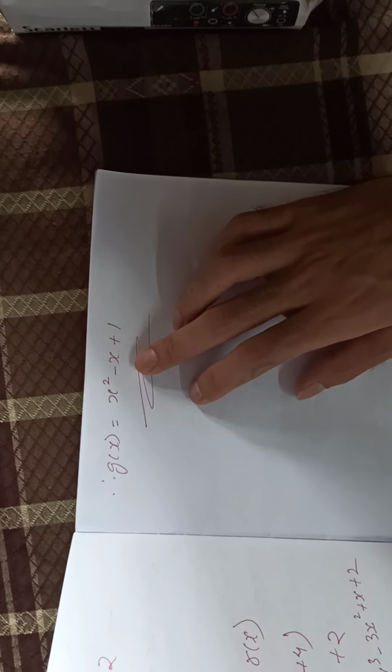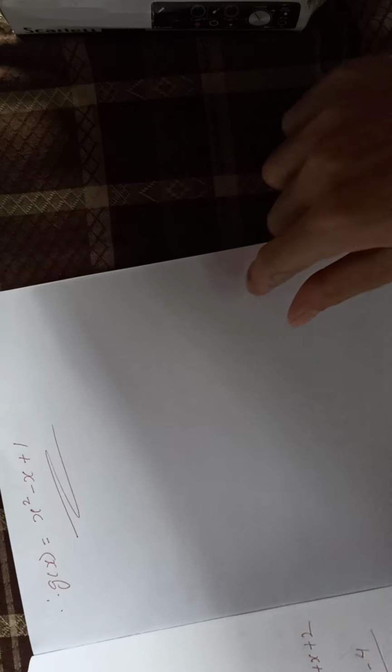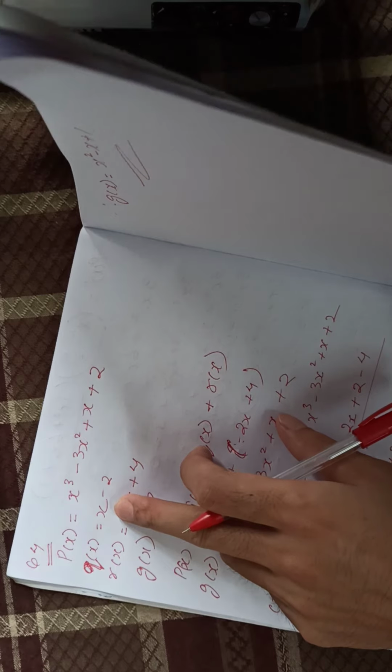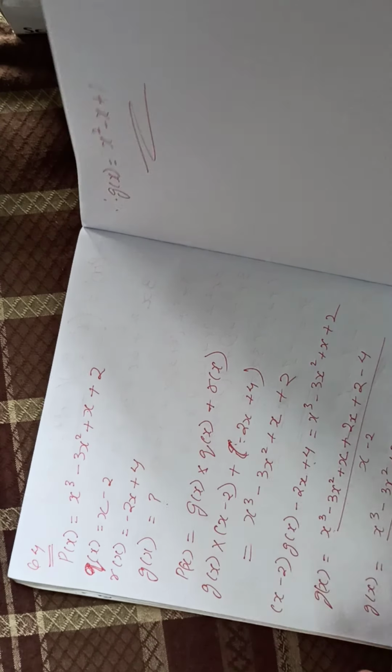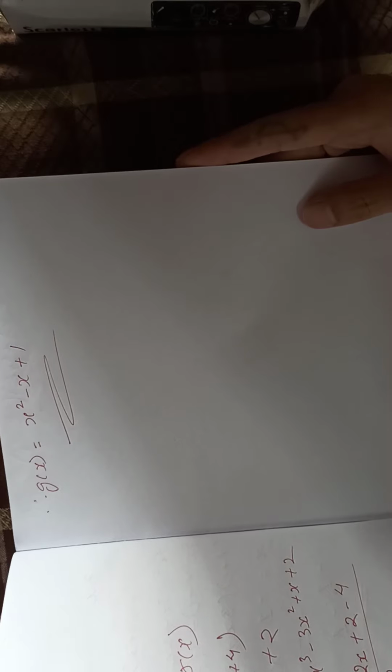This is the divisor. If you divide the polynomial by this, you will get the quotient and the remainder given. So that's it for today, guys. In the next class I will do question number 5, and then we'll go to the next chapter.